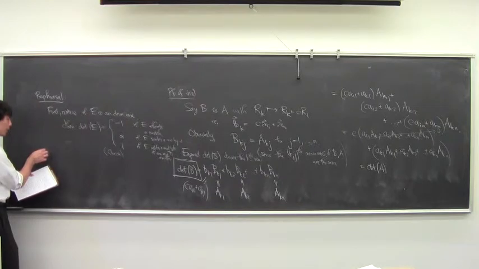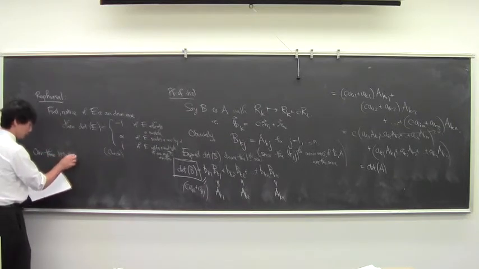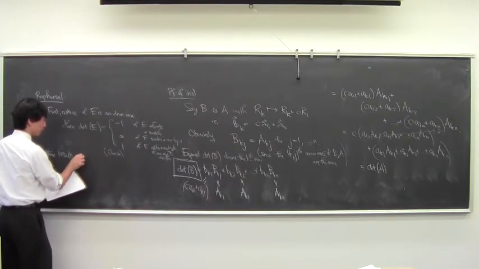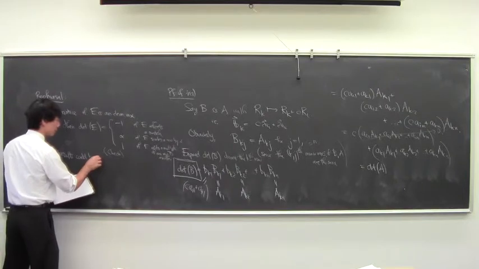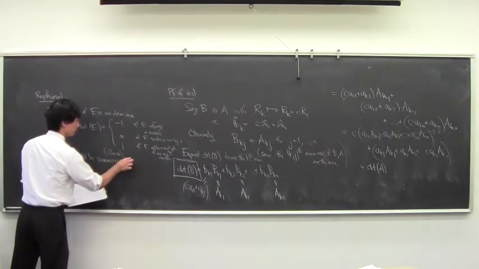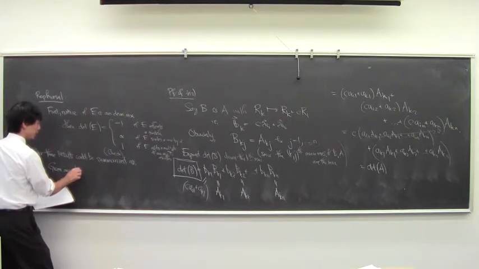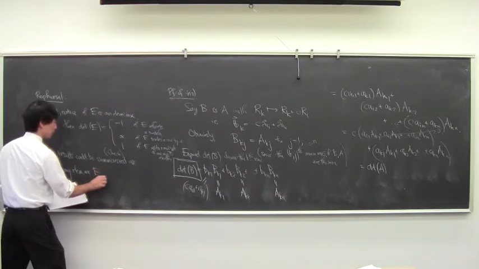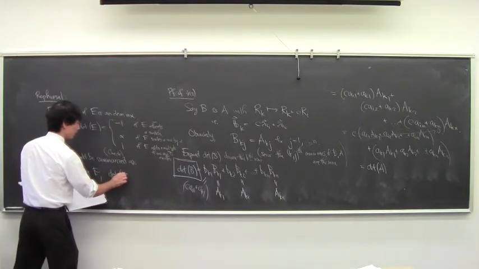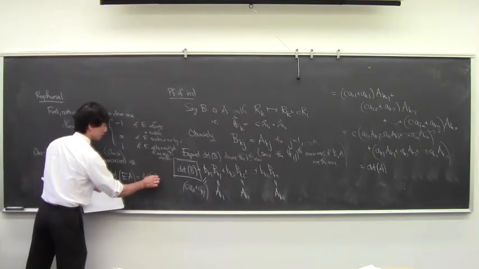So our 3 results could be summarized as this. Given any elementary matrix E, the determinant of EA is the same thing as the determinant of E times the determinant of A.